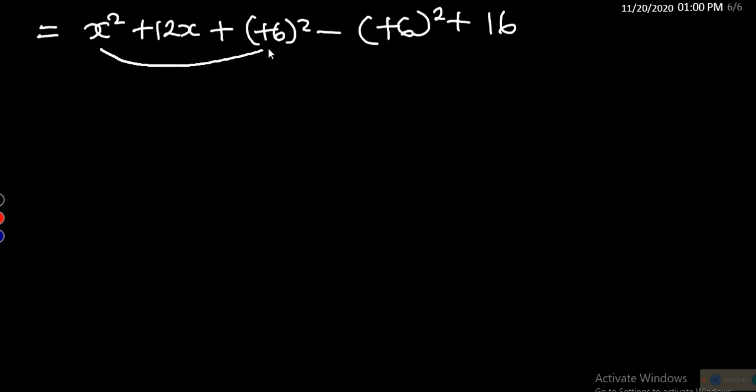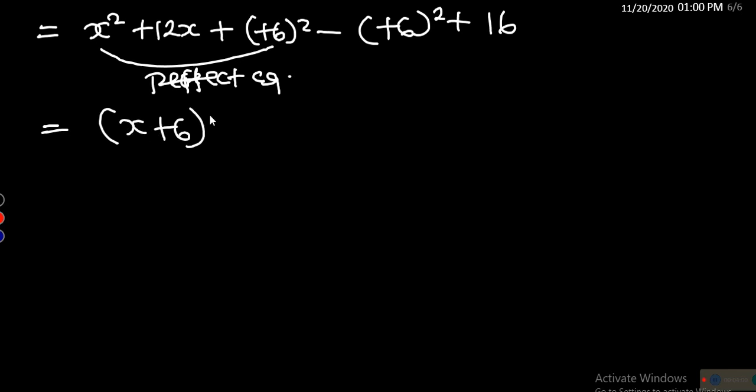So of course, guys, again, this is a perfect square. So we factorize it to give (x + 6)², and then we have − 6² + 16.